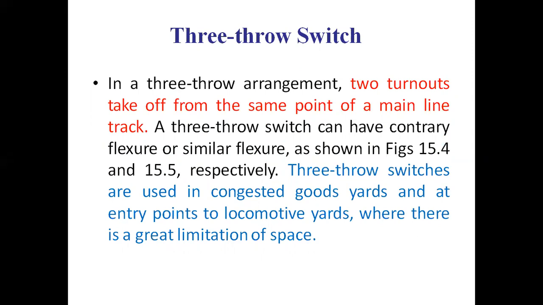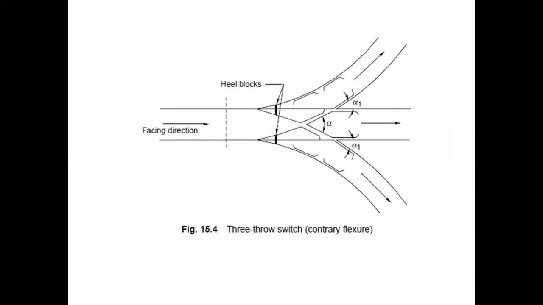A three throw switch can have contrary flexure or similar flexure. Previously we have seen that these three throw switches are used in congested goods yards and at entry points to locomotive yards where there is a great limitation of space.